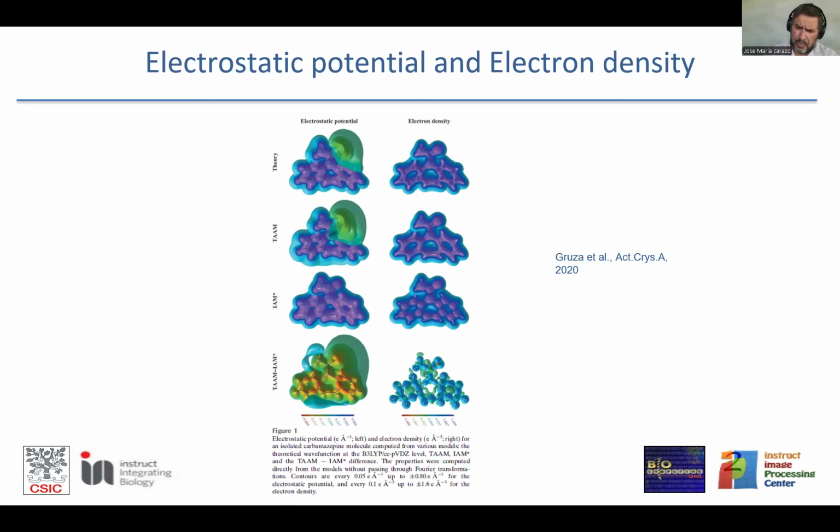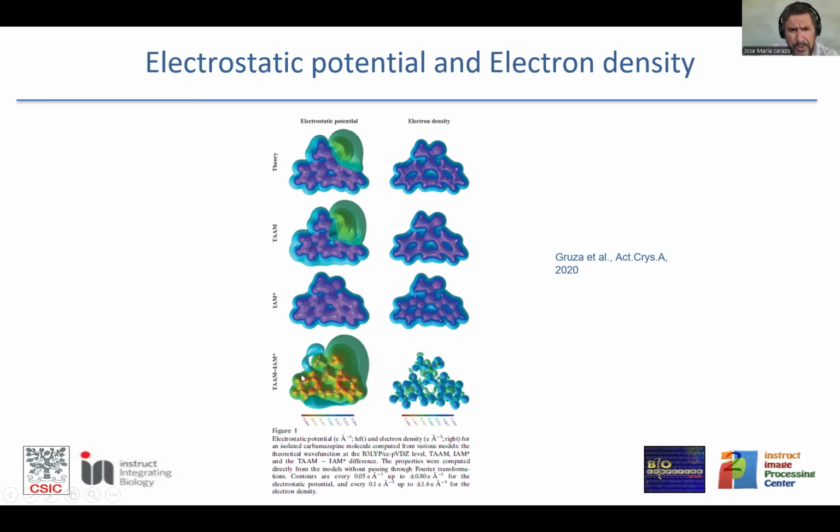And probably many of you are coming from the X-ray field. So in electron microscopy, we are using negatively charged particles. In X-ray diffraction, you are using photons. So when we are using electrons, we are going to see electrostatic fields.